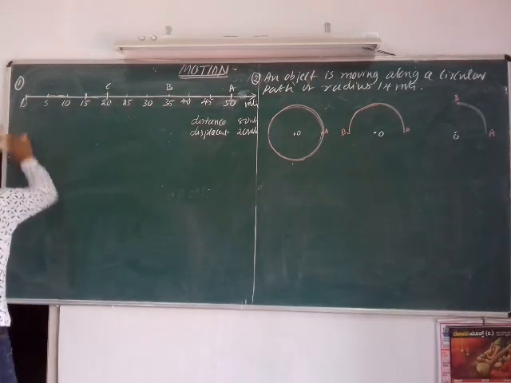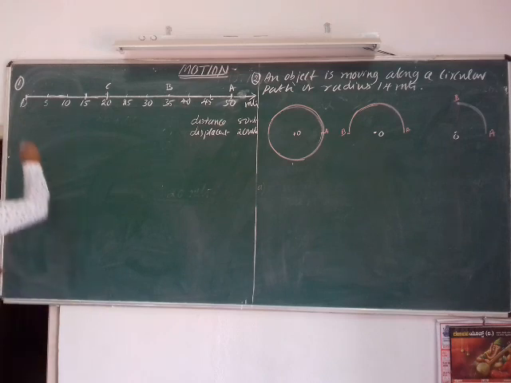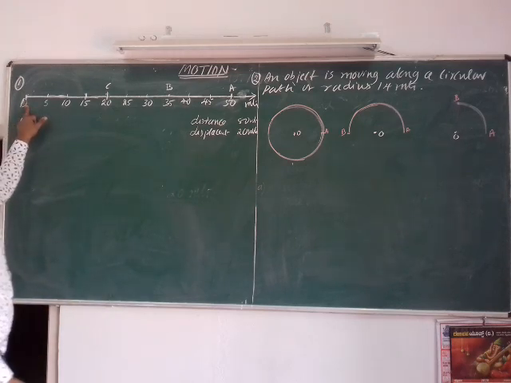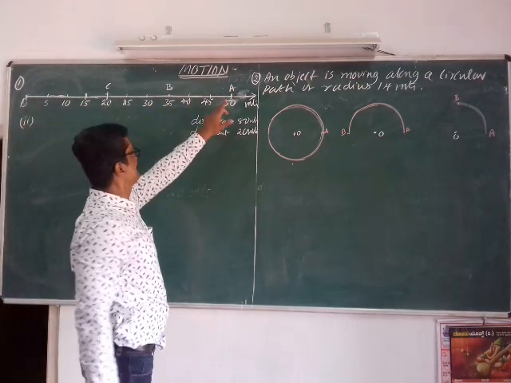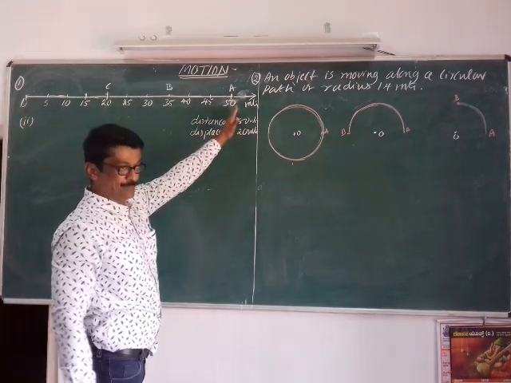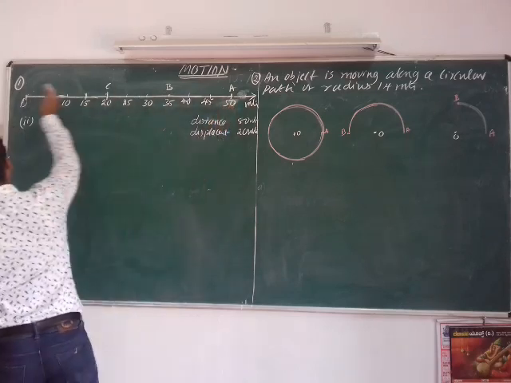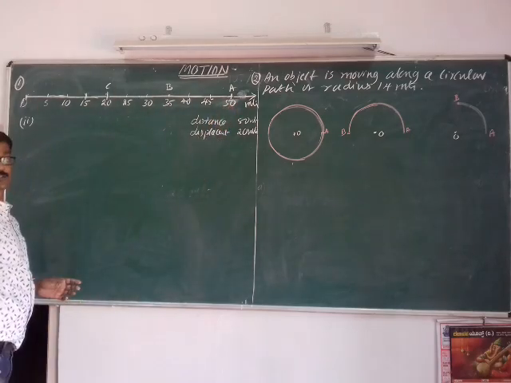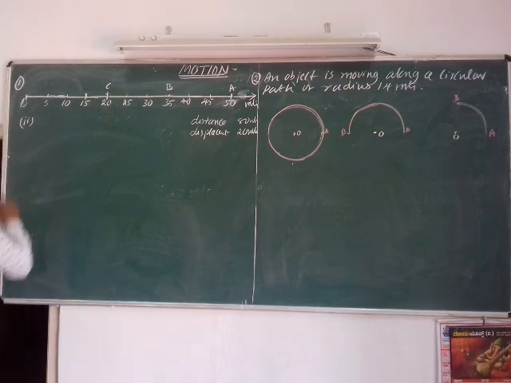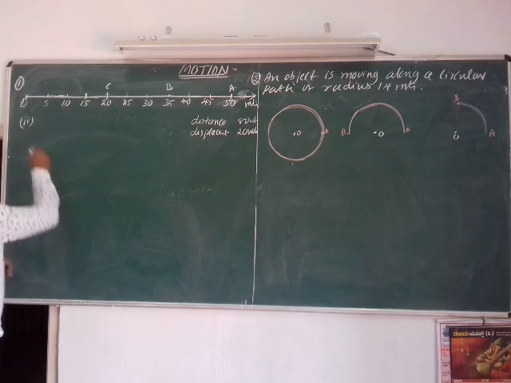Let me take case 2. An object starts from O, reaches A through C and D, and from A it returns to O. So what is the distance and what is the displacement? We have to calculate.